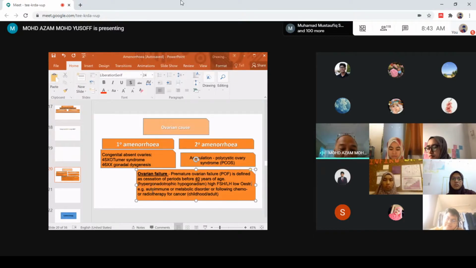Not in all cases; it depends where you target. Radiotherapy can target the lung only, or the brain only. But if it targets the pelvis, it is more likely to cause ovarian failure, because the ovary is in the pelvis. All right, so far so good.